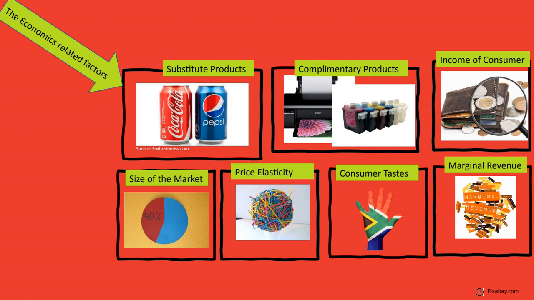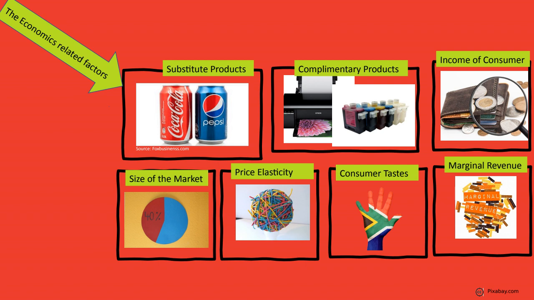Pricing is also affected by products that are sold together, such as a coffee machine and the coffee that goes in it, and what we call a substitute product. A substitute product is something that can be substituted for your particular product or brand.